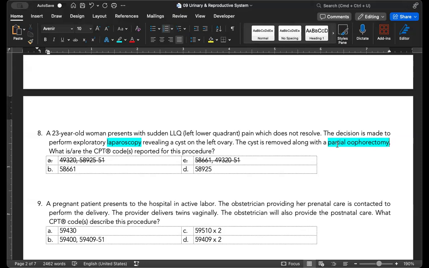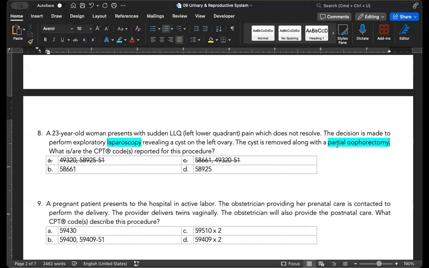58548, 58552, 58554, and 58661. Let's look at 58548 first, just going down the list, as if we didn't have the questions or the answers in front of us. 58548 is a laparoscopy, surgical, with a radical hysterectomy with bilateral total pelvic lymphadenectomies and para-aortic lymph node sampling or biopsy, with removal of tubes and ovaries if performed.